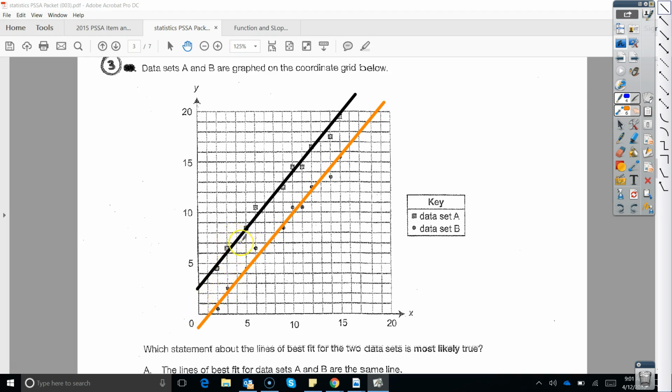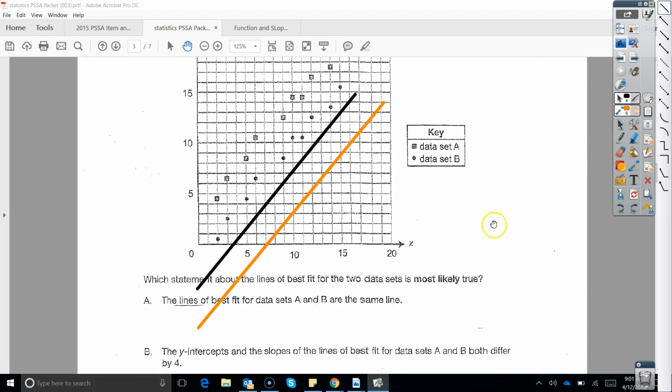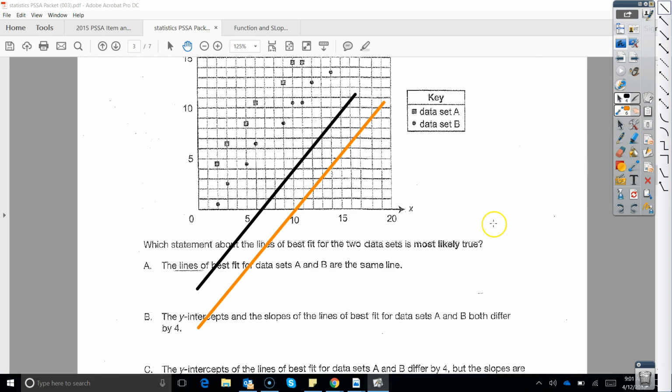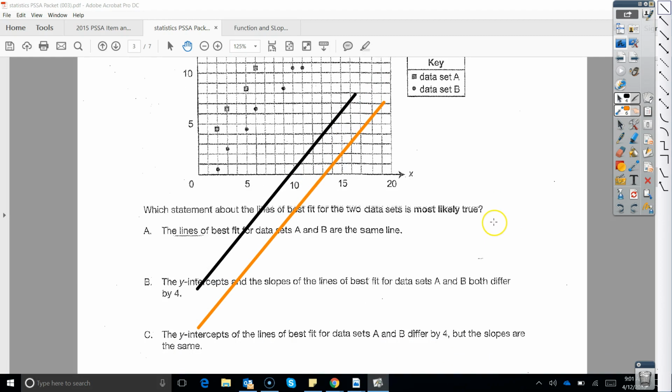But my slopes look to be about the same because these lines are parallel. So in this case, I could probably rule out choice B, because my slopes are not differing by 4.